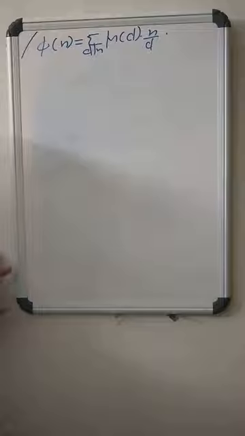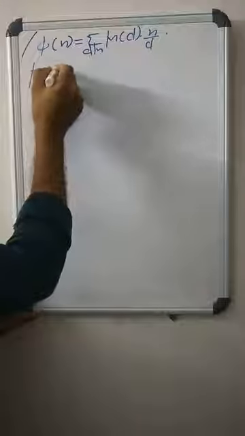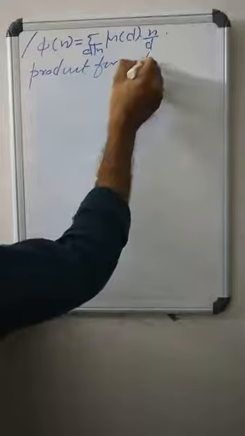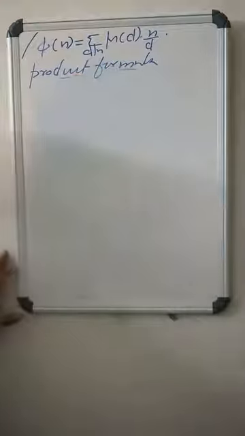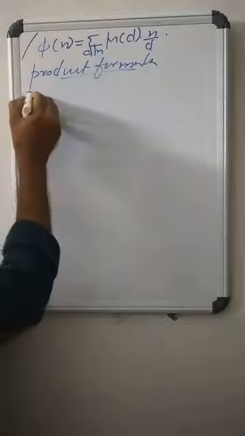Now let us discuss the product formula for the Euler totient function.